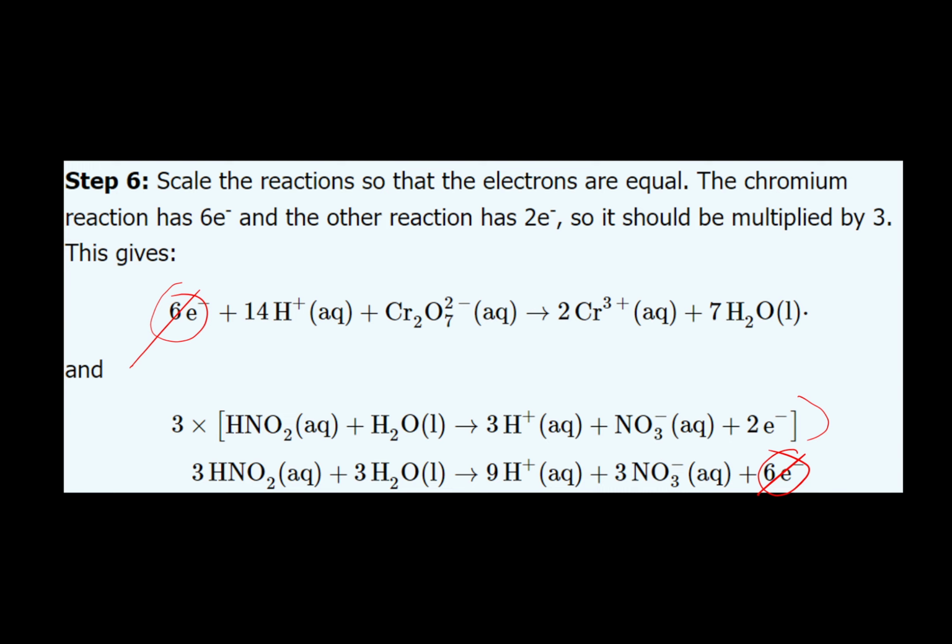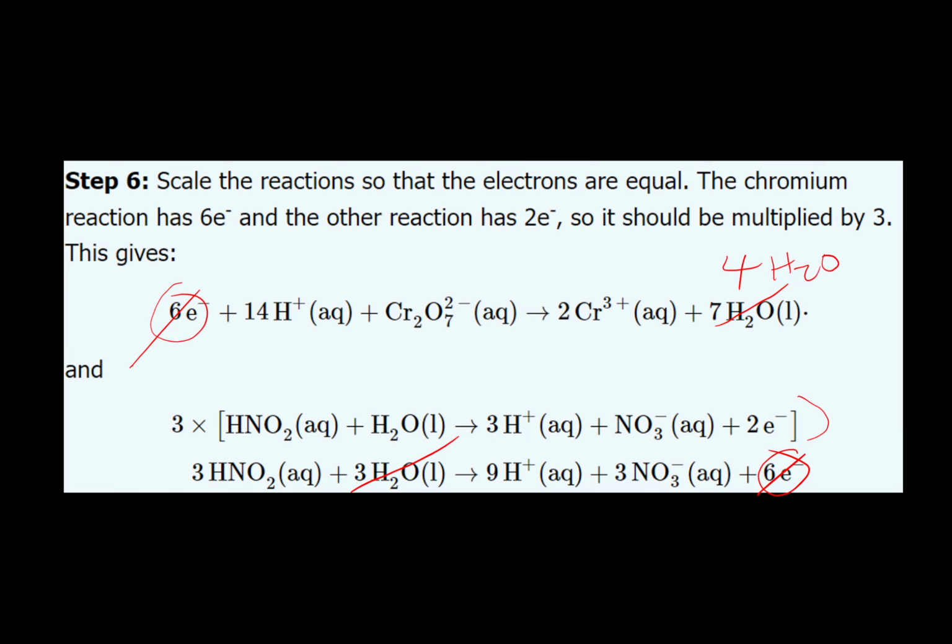All right. What else do we cancel? We cancel the water as well. So this 3 water there cancels out there. And when we cancel that 3 water, we end up with 4 molecules of water over here, 4H2O.